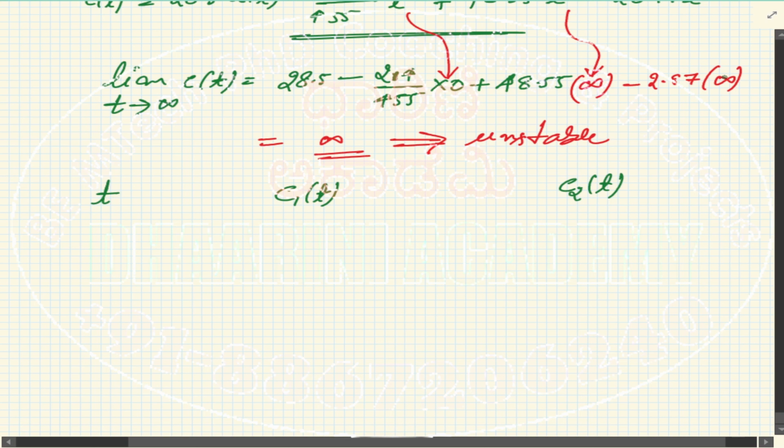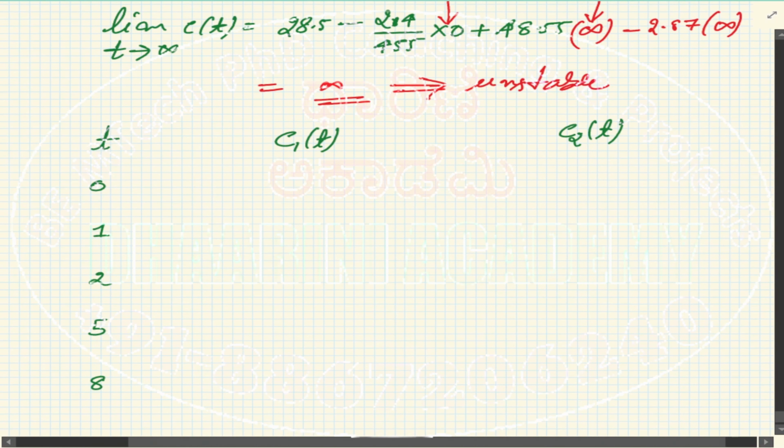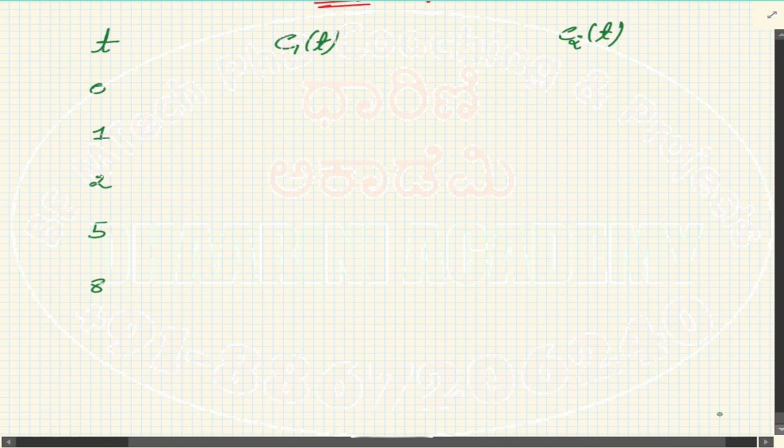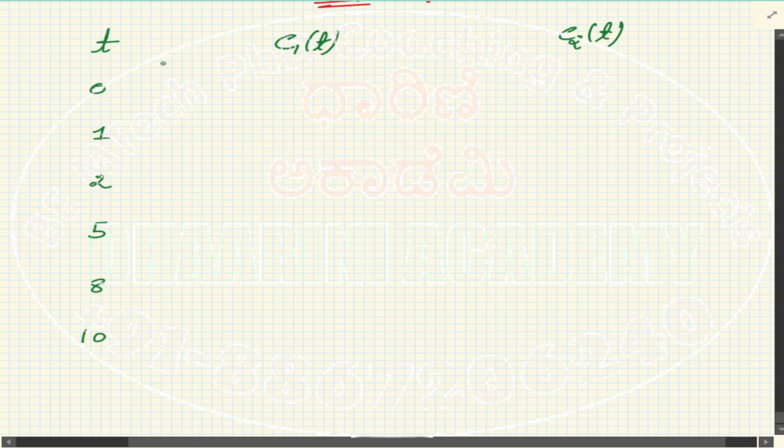Equations we already have. I want you to calculate when t equal to 0, what are their values. T equal to 1, t equal to 2, t equal to 5, t equal to 8, and t equal to 10. Maybe this is sufficient to understand what is going to happen.